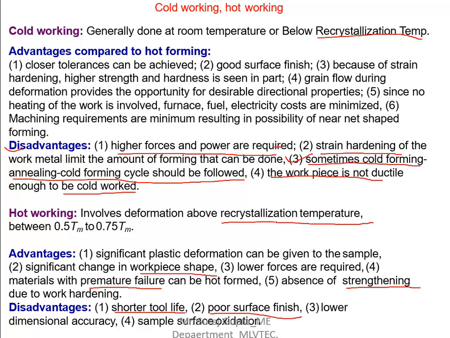At high temperature, we know that chemical reactions are stimulated. So at high temperature oxidation will occur on the surface, and a layer of oxides of the material will form at the surface.